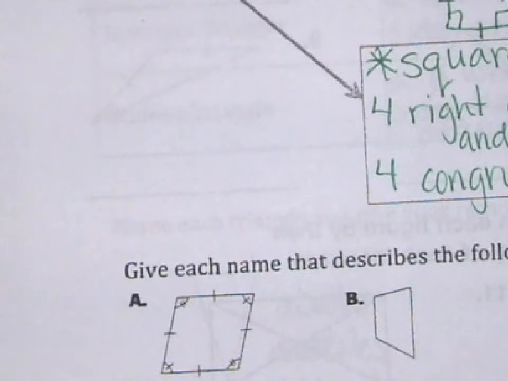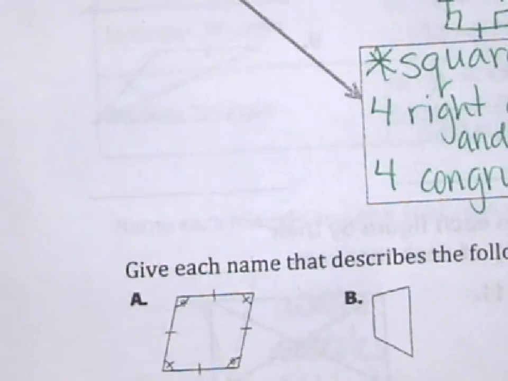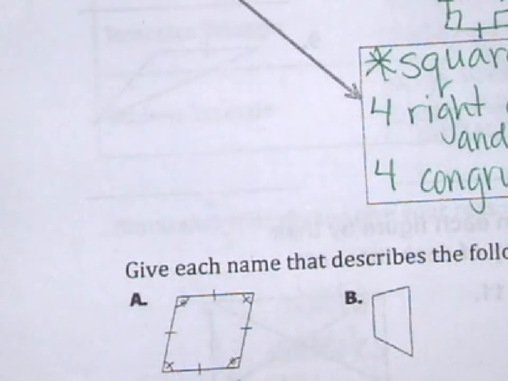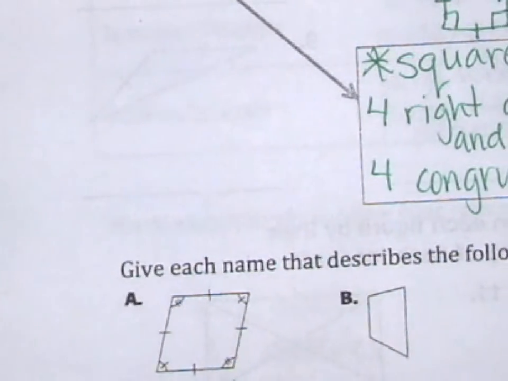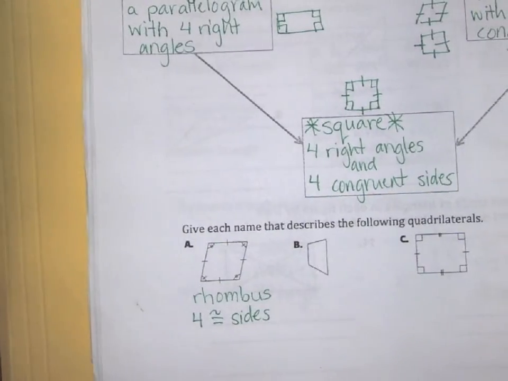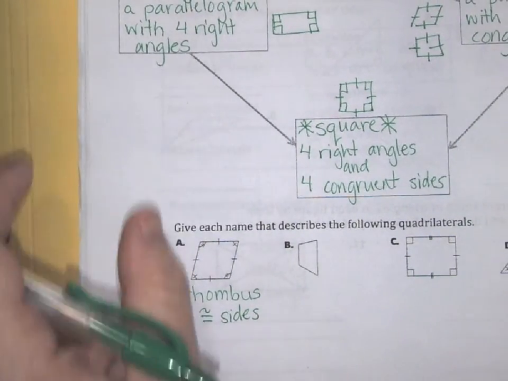Okay, so the name that would describe this is going to be rhombus. Right? 4 congruent sides, okay, but not right angles. All right, in B, oh, I'm sorry, let me zoom out a little bit more. I was hoping we could see the angle, but we can't.